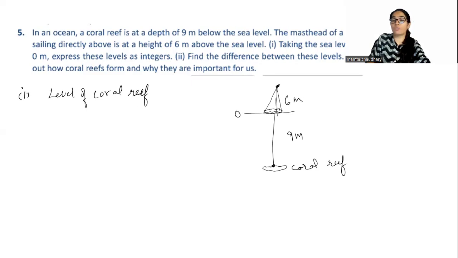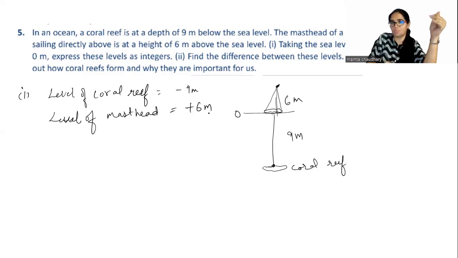What will be the level of coral reef? It is down. Down means depth, that is minus 9 meters. And the level of this masthead. It is above. Above means plus 6 meters.